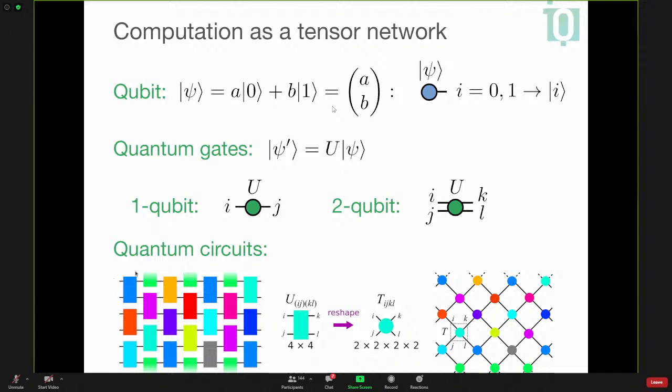And then you can imagine the first layer of gates. And now imagine that you contract the full first layer of gates to this initial state. So you do a contraction, right? So you do basically just a summation of indices and matrix multiplications, etc., and that's it.